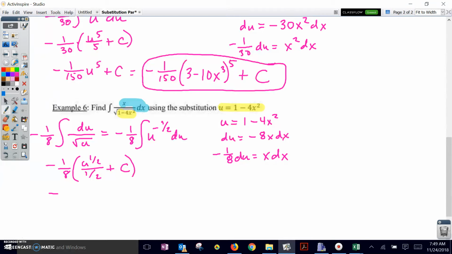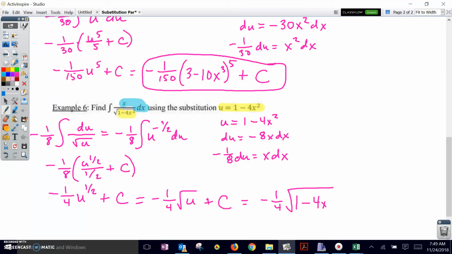And so it turns into negative 1/4 u to the 1/2 plus c, or negative 1/4 square root of u plus c. And then I bring u back, and I've got negative 1/4 square root of the quantity 1 minus 4x squared plus c.